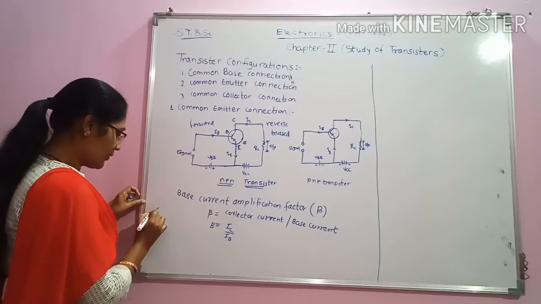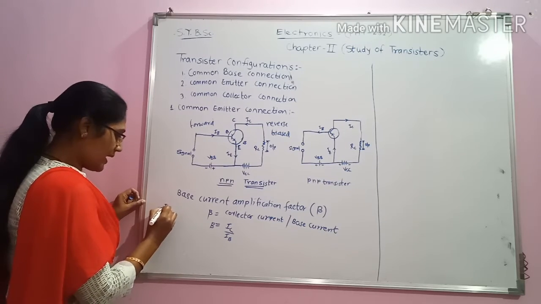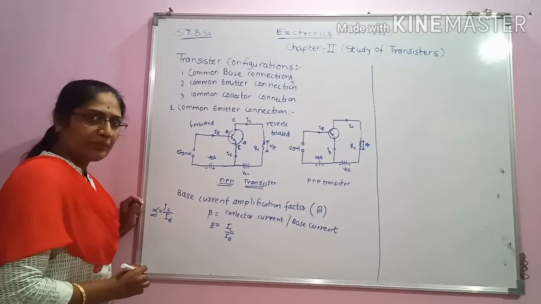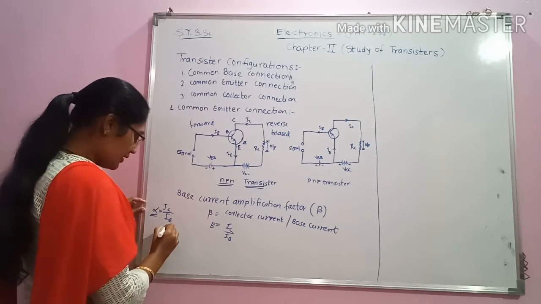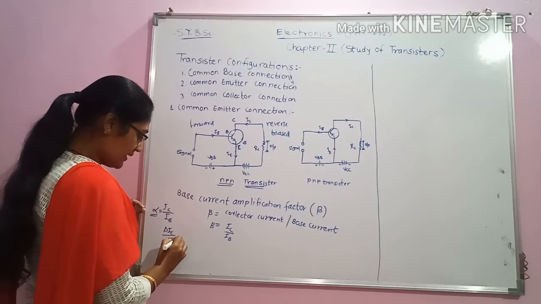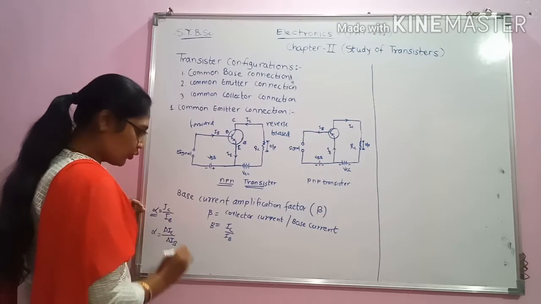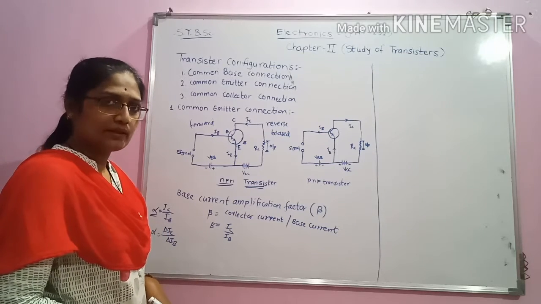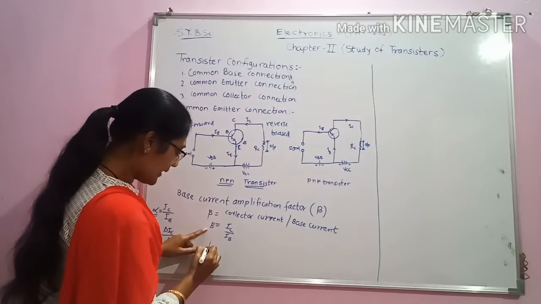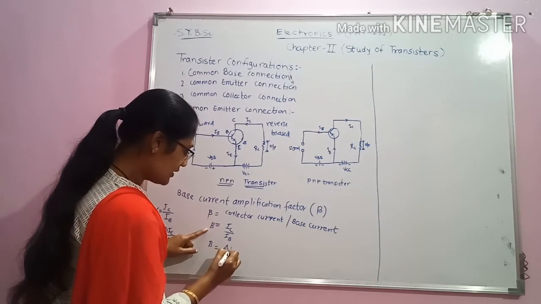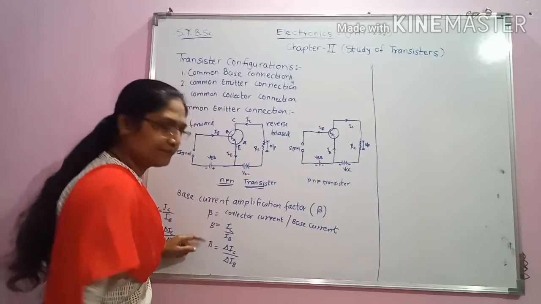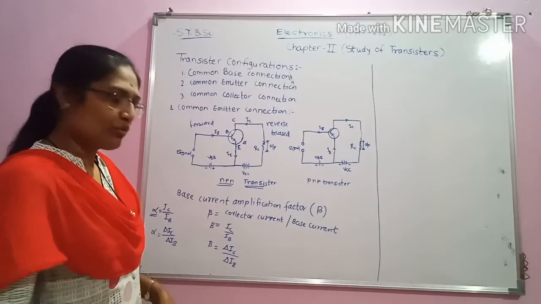The same value of alpha can be represented as change in collector current to the change in emitter current. Likewise, this beta can also be expressed as change in collector current to the change in base current. This is called the value of beta.